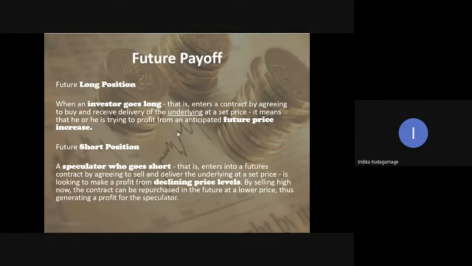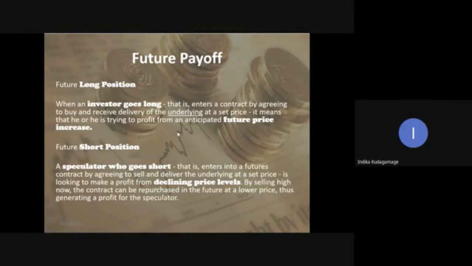Treasury will say, okay, today's rate is 203. I will give you at 207. I am thinking that the price will go up, so I am going to buy in the future at an agreed price. So the expectation is that the price goes up. Then it is called a long position.